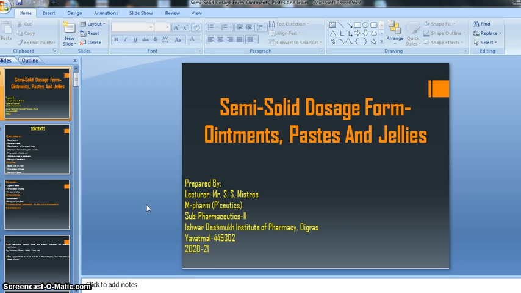So as we know, we are studying about semi-solid dosage form, that is ointment. Our chapter name is semi-solid dosage form, in which we are discussing the ointment topic.